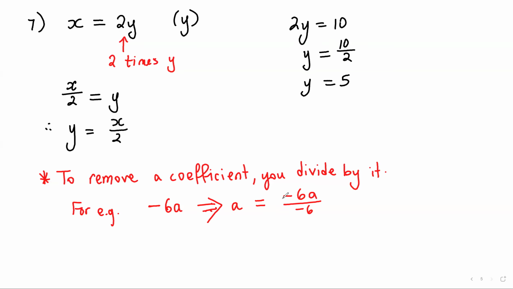The negative 6 will cancel, and you'll just end up with a. And then if you had negative 6a is equal to b, then a would be equal to b divided by negative 6. So you divide both sides by negative 6, if you want to think of it that way. But to get rid of a coefficient, you divide by it.